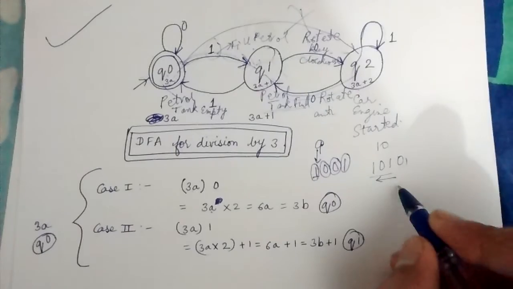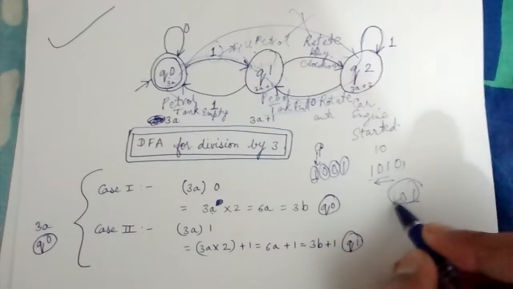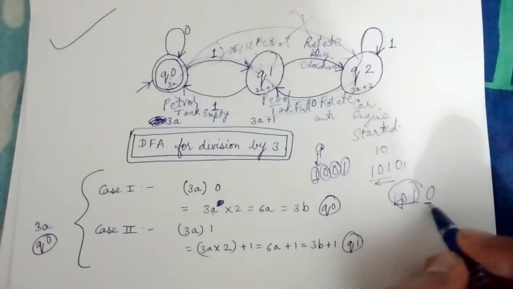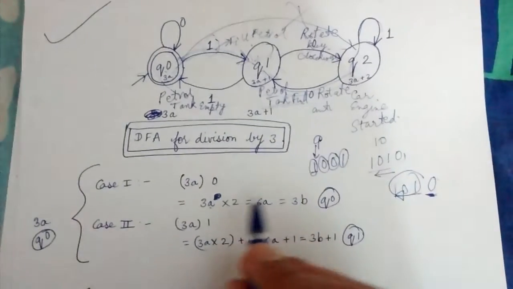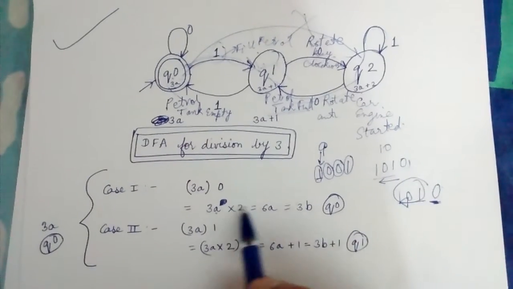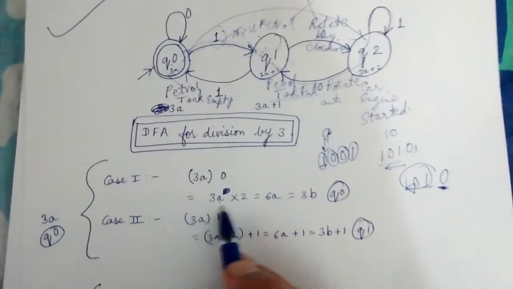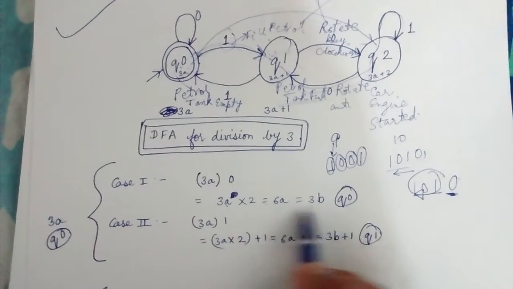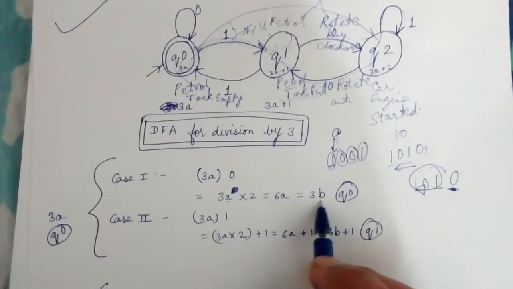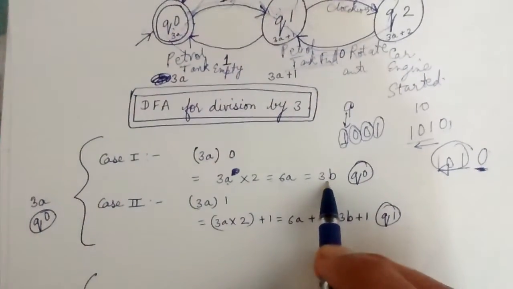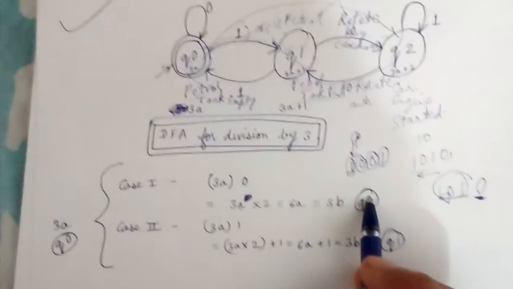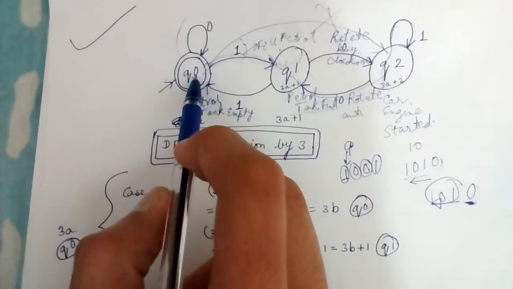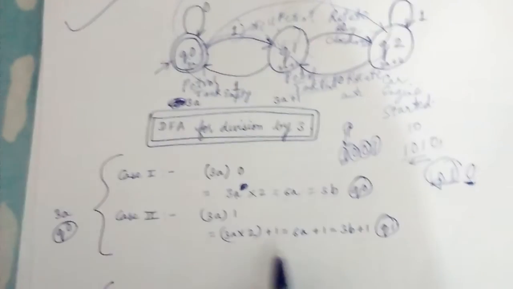So 101 has shifted left and we have appended a 0. This 0 doesn't add anything. So this number becomes 3a multiplied by 2, that is 6a, which can be 3b. So it is also a multiple of 3 if b is another number. So it is of the form 3b, which is again in Q0. So if we encounter a 0 in Q0, we remain in Q0.